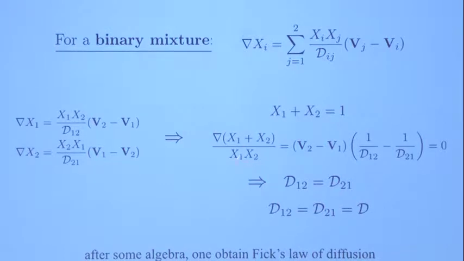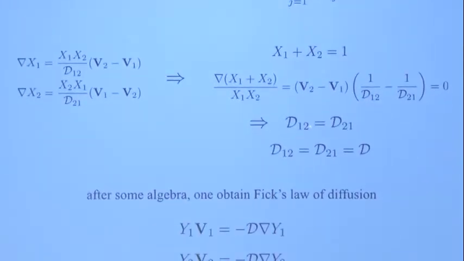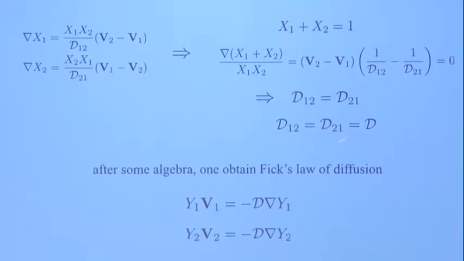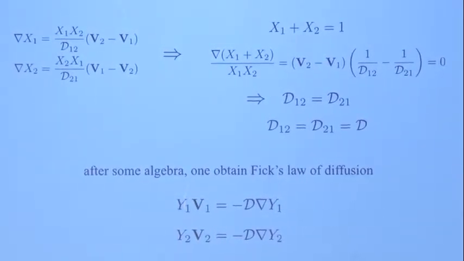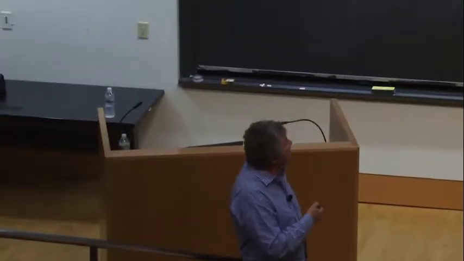Since the left-hand side is 0, as I just indicated, then clearly D12 must be equal to D21. And as a consequence, the manipulation here takes some algebra but can be done easily, and you can show that you get Fick's law. So the key point in that slide is that the Stefan-Maxwell relation leads to Fick's law if you have two species.